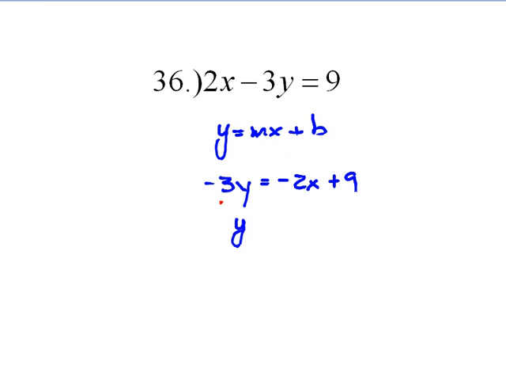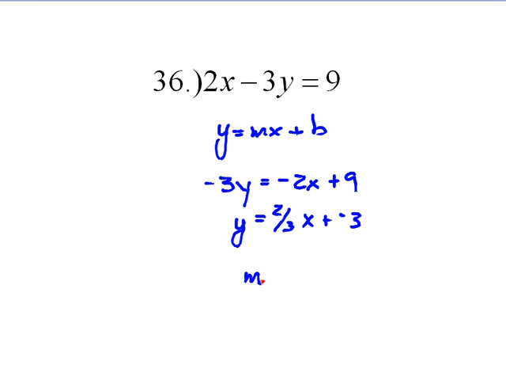So now we have to divide by -3. So we have a -2 divided by a -3, negative divided by a negative. Plus 9 divided by -3 would actually be -3.